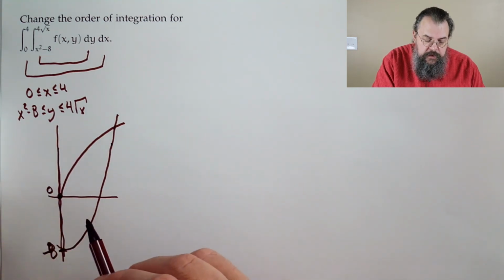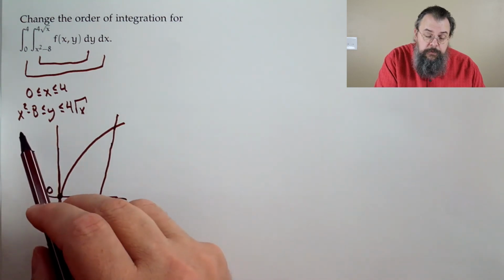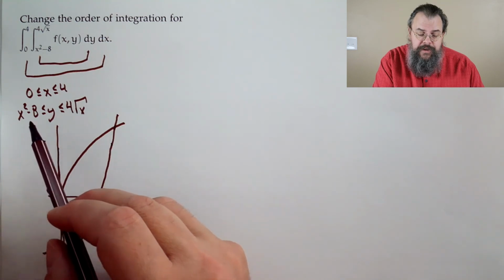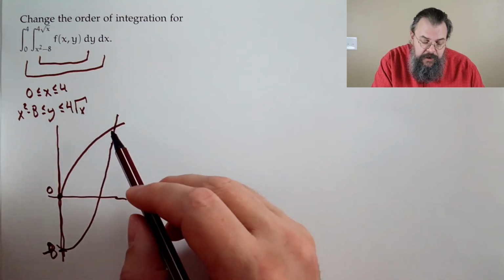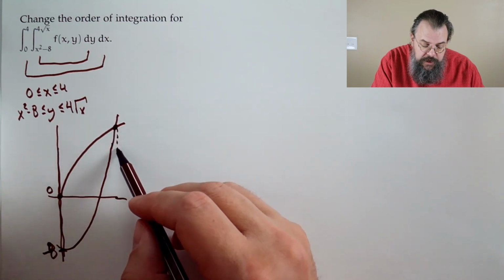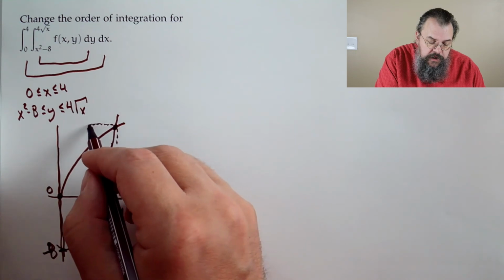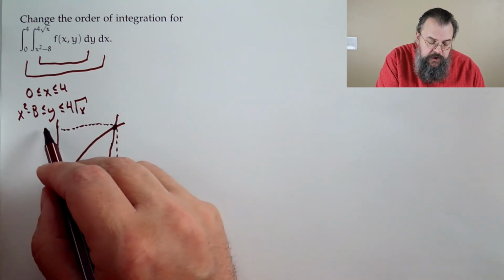Okay, so when we plug in 4, what happens? 4 squared minus 8, 16 minus 8 is 8. Here, 4 times square root of 4, that's 4 times 2 is 8. Oh, so this intersection point actually matches up with where the bounds are. So that's a 4 and that's an 8.